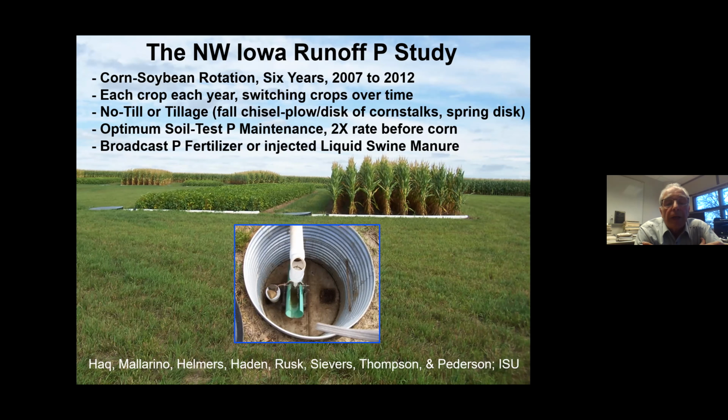Now it's important that, of course, nitrogen was non-limiting. And then we have either P fertilizer broadcast, or the liquid swine manure was injected. It was a difference, both with the no-till or with tillage. The liquid swine manure was injected, as most people do in Iowa.